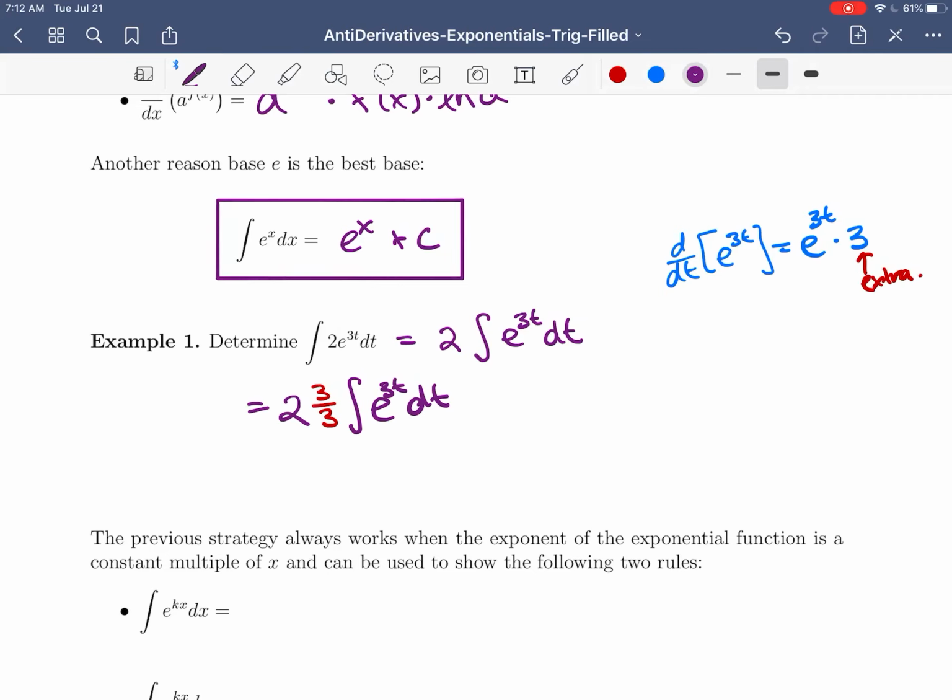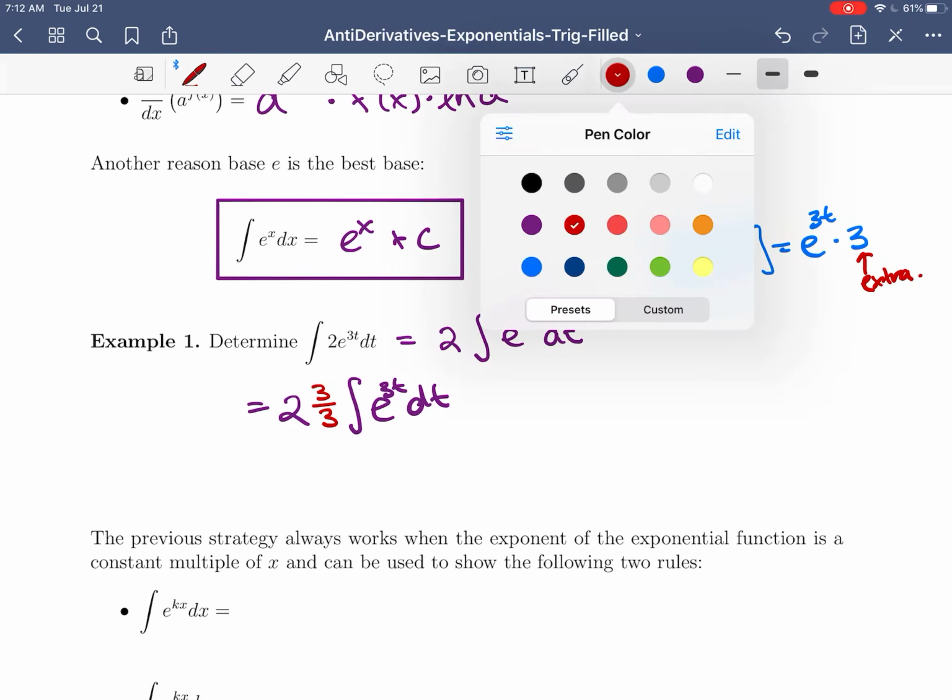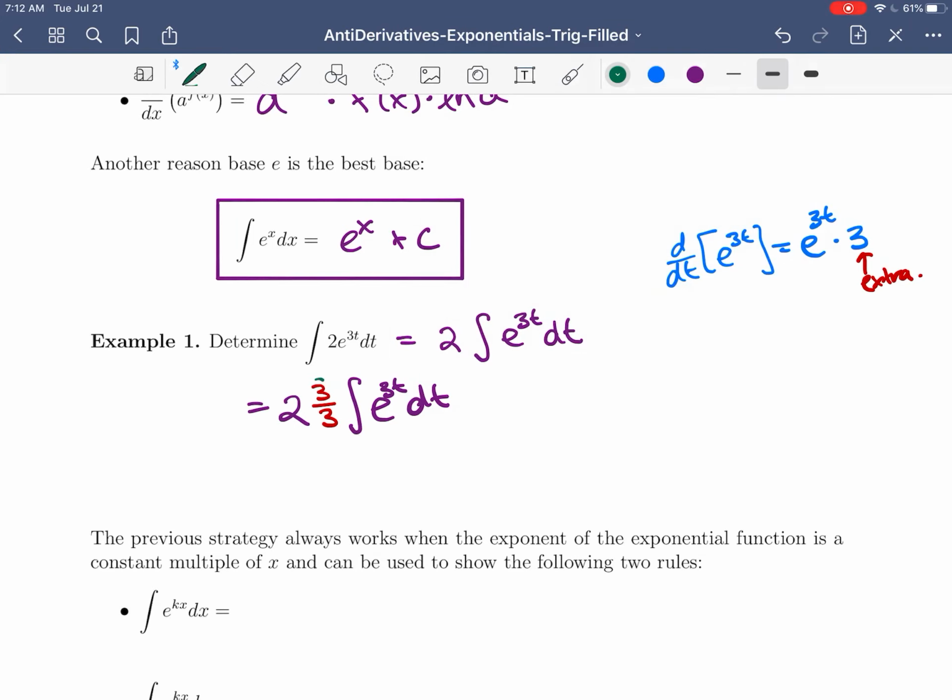Okay, so if I multiply by 3 over 3, I can take this top 3 and bring it inside the antiderivative and leave the bottom 3 outside. So that's going to become 2 over 3 antiderivative of 3e to the 3t dt. Okay, so constants can move in and out of the integral sign.